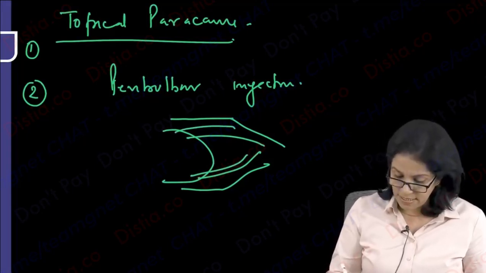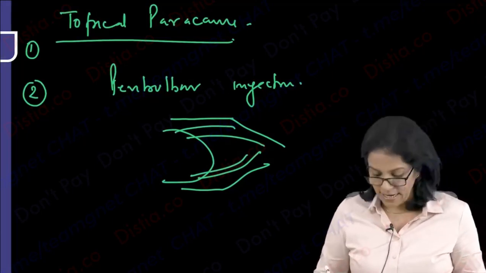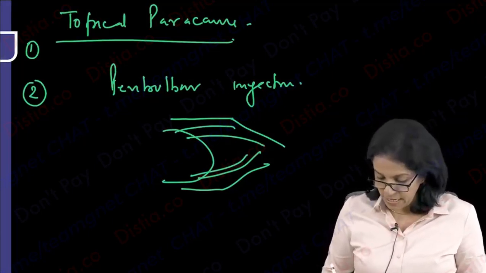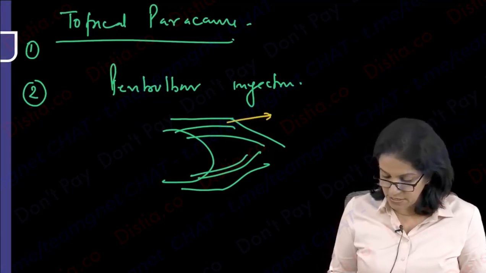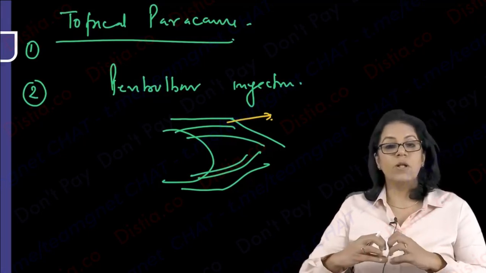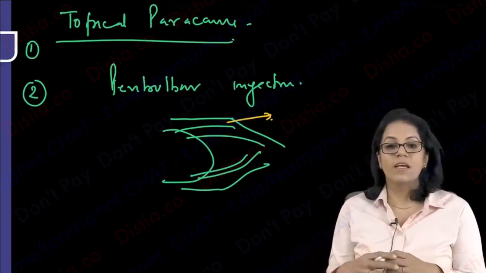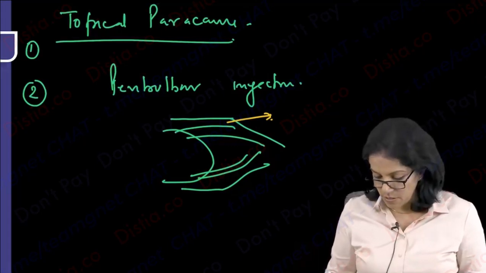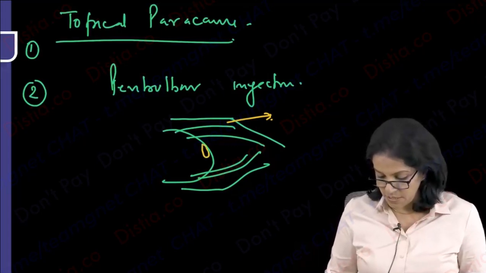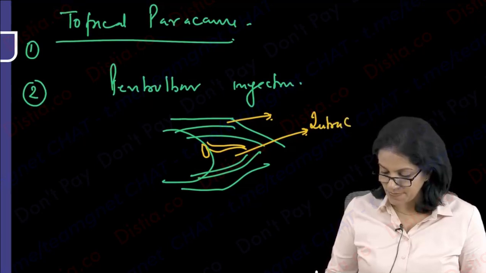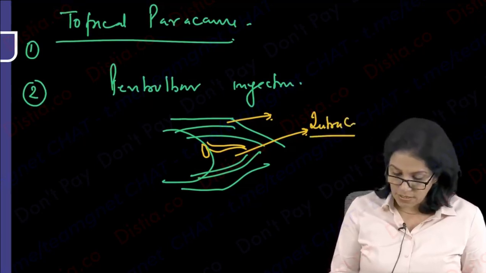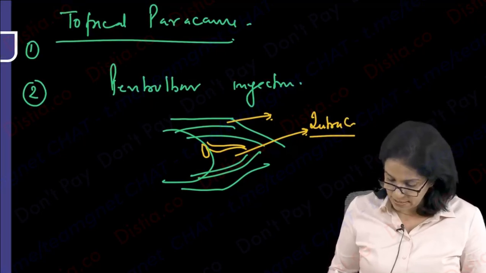Suppose these are the muscles attached. The space which is inside is called the cone. This is the intraconal space. So this is your optic disc, optic nerve. And this space all is intraconal because it is inside the muscle cone. And outside is your extraconal, isn't it?